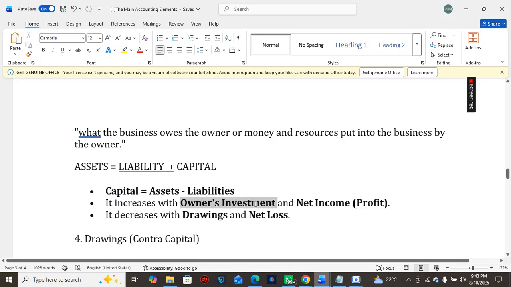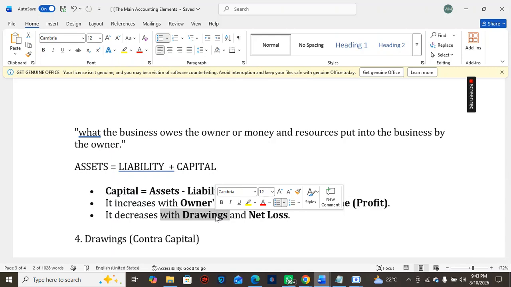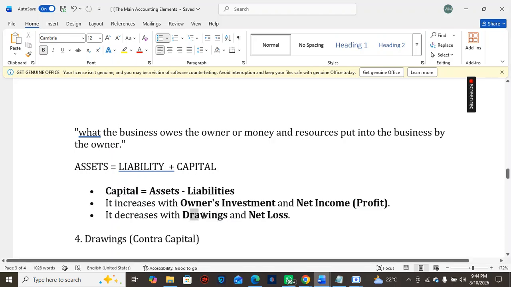If you invest more, or if you make profit, your capital also increases. But capital decreases with drawings. Drawings is when the owner of a business removes money or resources for personal use. Drawings and losses reduce capital, while investing new resources into the business and profit increase capital.